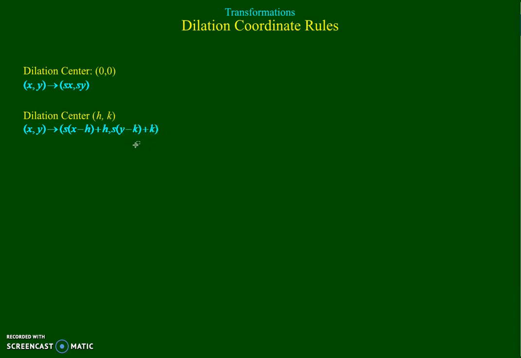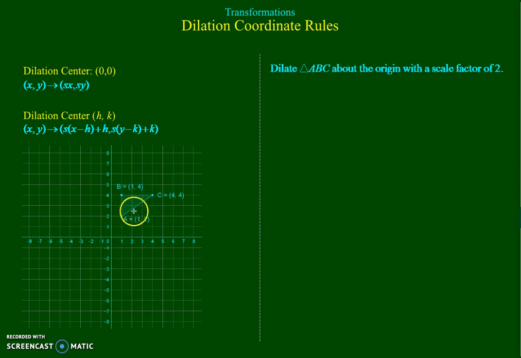So let's apply these in an example. Here we have triangle ABC. We want to dilate this triangle about the origin with a scale factor of 2. So let's go ahead and write our points. A is 1, 2, B is 1, 4, and C is 4, 4.